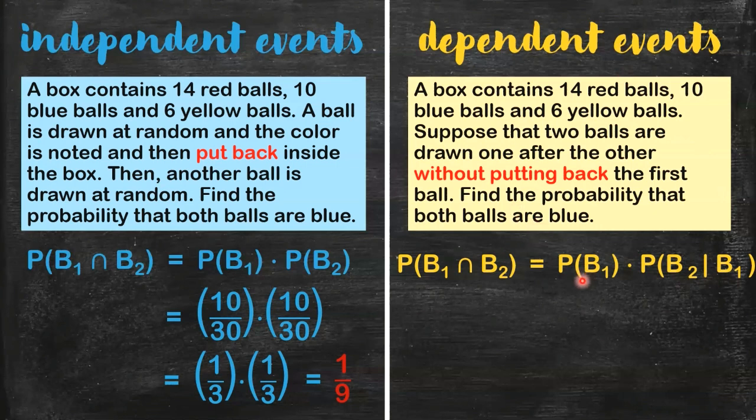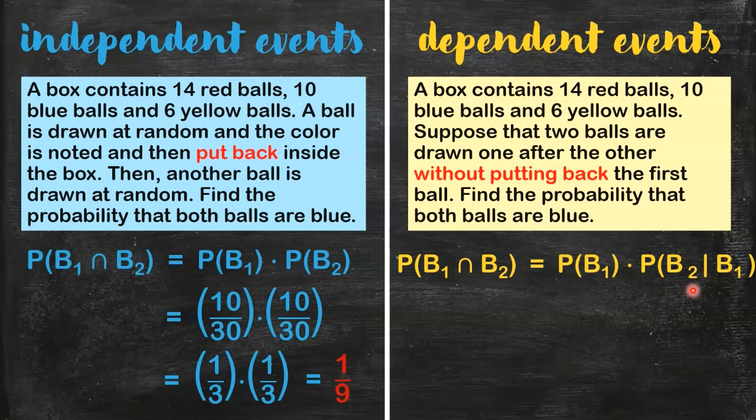So again, what is the probability of getting a blue ball? It's 10 over 30. Right? Kapareho lang nandito. Okay? Now, itong probability of B sub 2, given that B sub 1 has occurred, ibig sabihin ito, anong probability na blue ball pa rin yung second draw, given that yung first draw ay blue at hindi siya sinole.